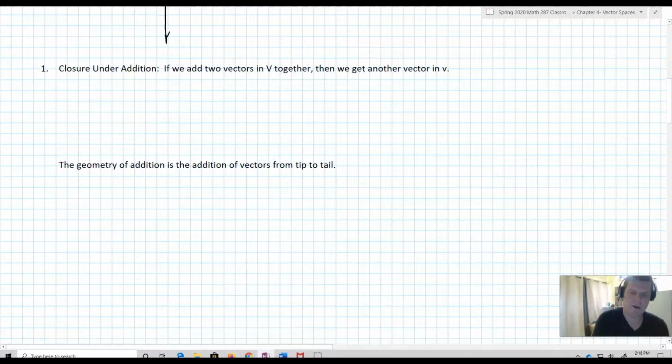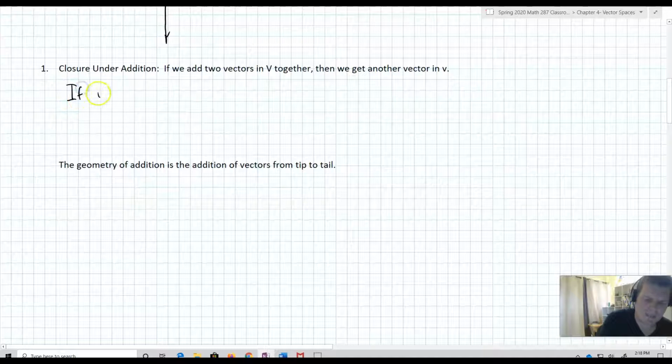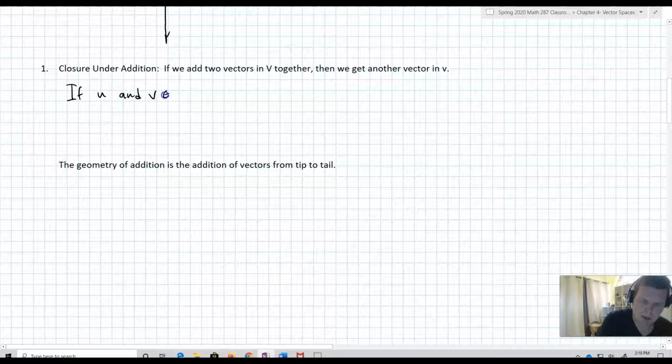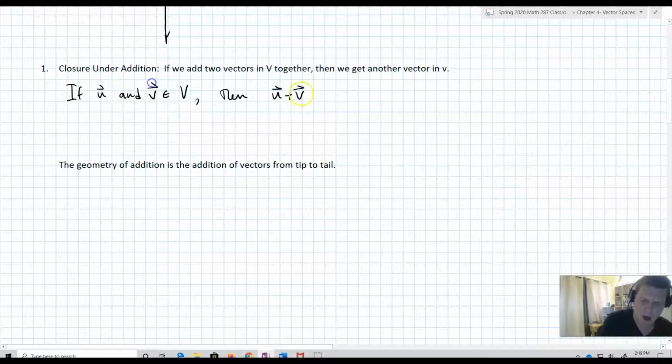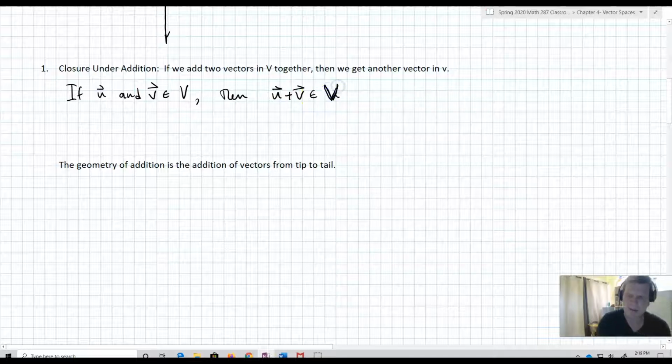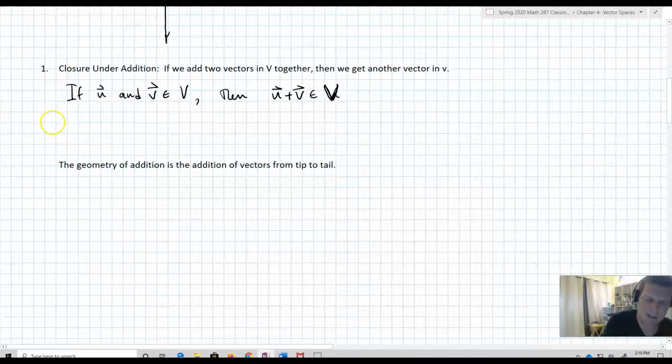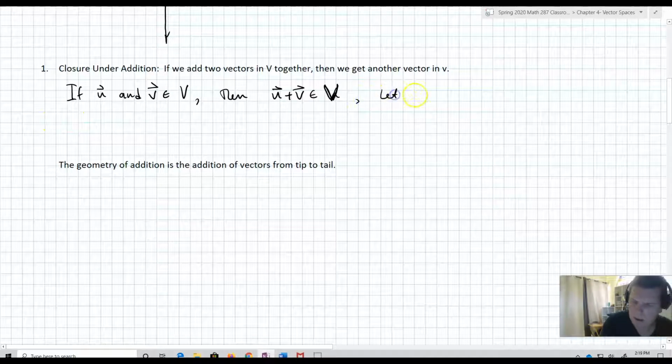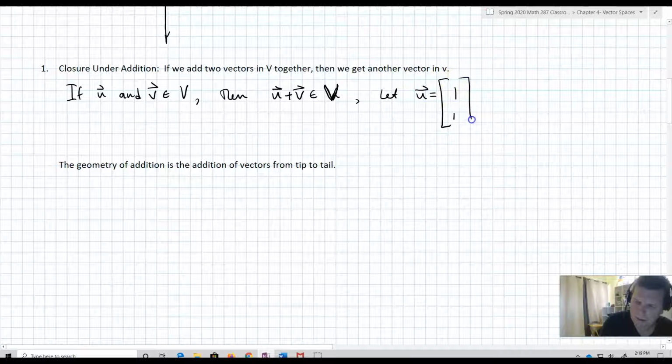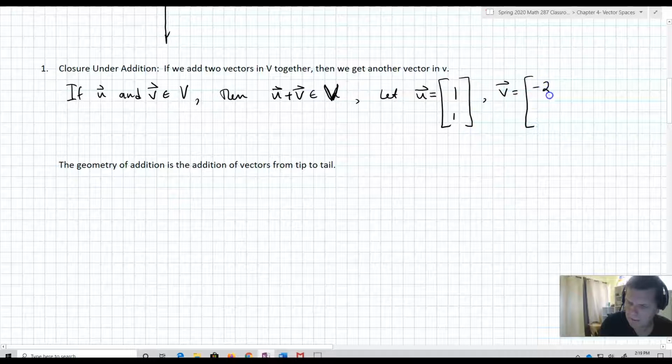It states basically that if U and V belong to V, then U plus V also belongs to V. Let's take for example, we'll let U equal (1, 1) and V equal (-2, 1).